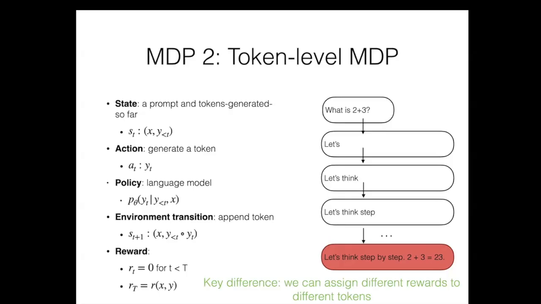Okay, so if you think back to the previous lecture, we talked about ways of assigning advantages to individual states or actions in a trajectory, right? So here, if we frame things in terms of this token-level MDP, then we can imagine assigning these more fine-grained advantages. For example, one thing we talked about was using discounting.